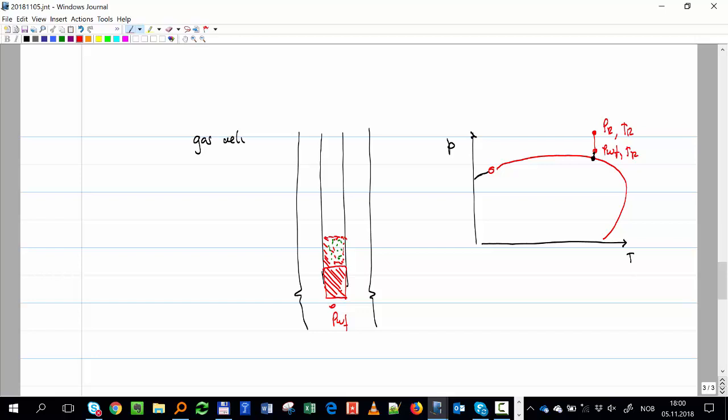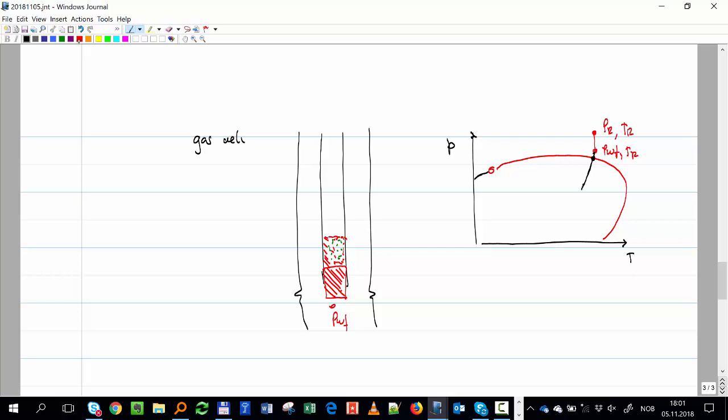What happens after? If I continue and come inside, do I increase the amount of liquid or not?